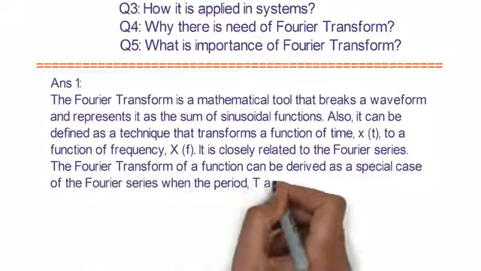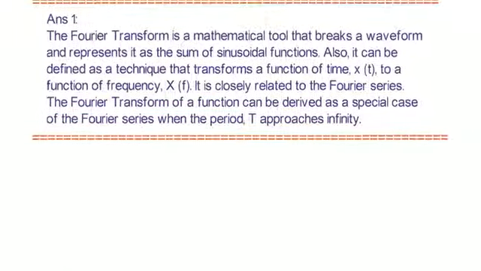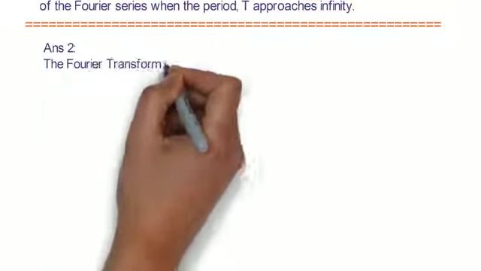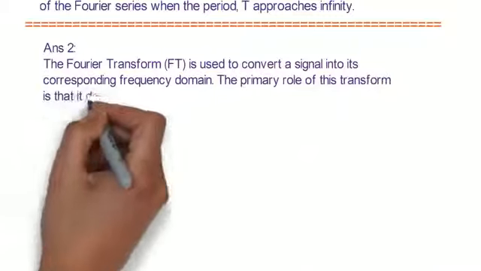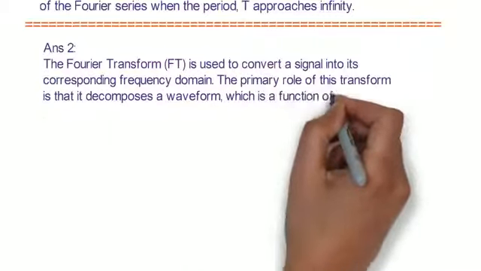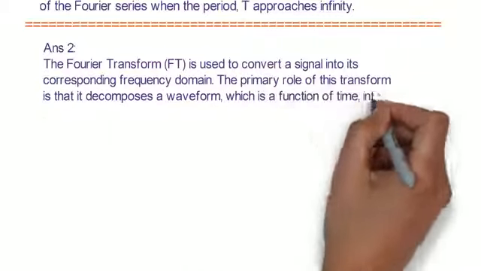What are its roles? The Fourier transform F(t) is used to convert a signal into its corresponding frequency domain. The primary role of this transform is that it decomposes a waveform, which is a function of time, into the frequencies that make it up.